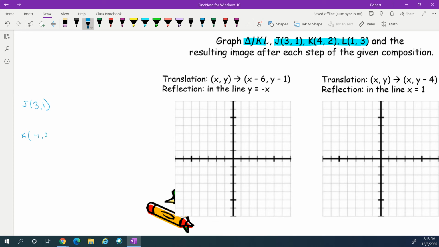K is at 4, 2. And L is at 1, 3. And I'm going to plot them. 3, 1. 4, 2. And 1, 3.